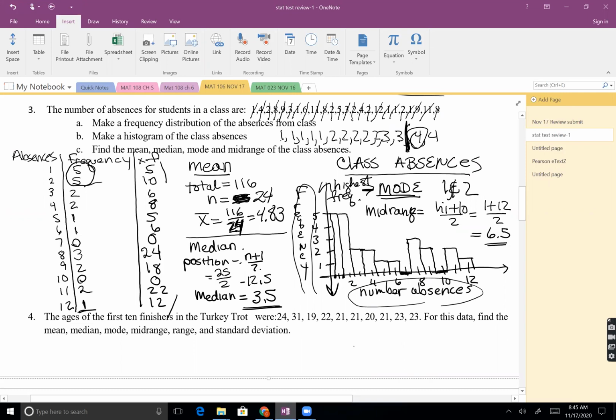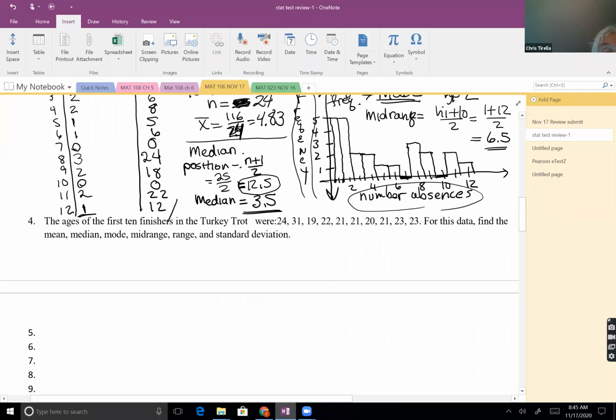I added 24 plus 1 and divided it by 2. 25 divided by 2 told me it was 12 and a half, which means it's midway between the 12th and 13th number in the list. Is that a negative 12? No, it's an equal sign that didn't come all the way through because of the stylus. I'm sorry. All right. Okay.